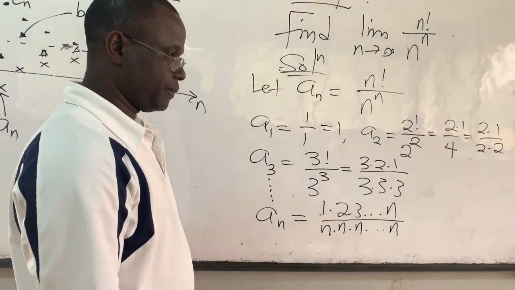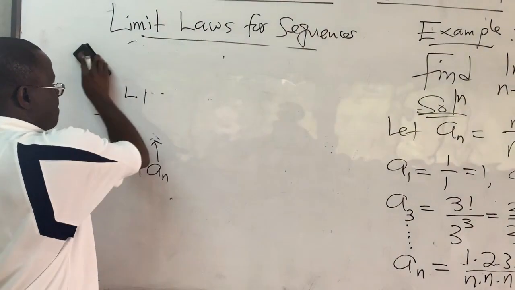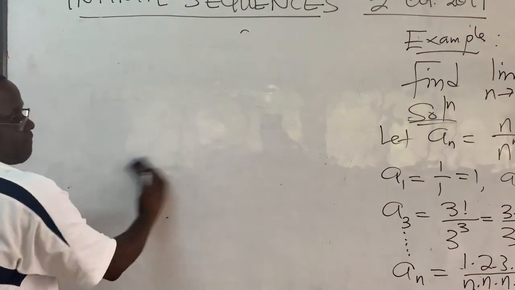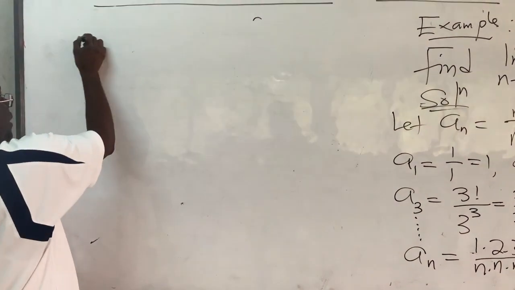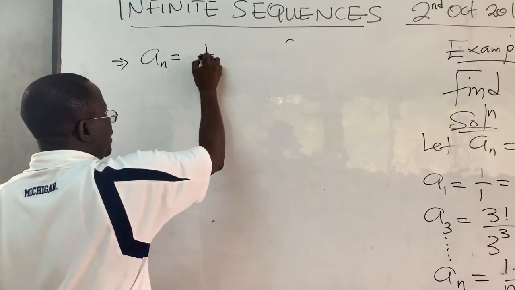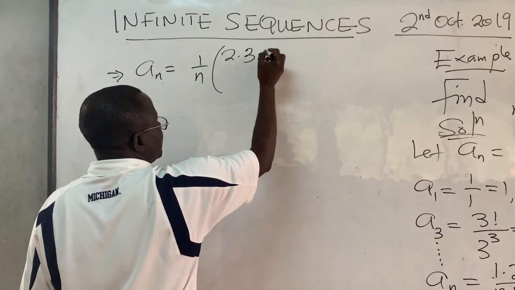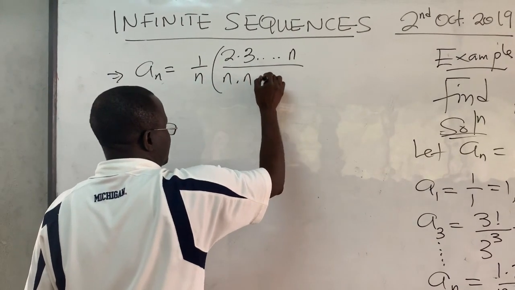So I get this. Which means I can rewrite my an to be equal to 1 over n multiplied by 2 over n times 3 over n, up to n over n.